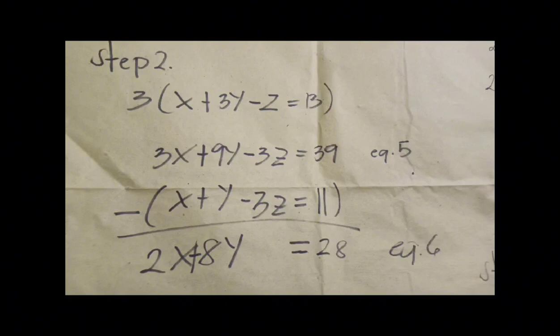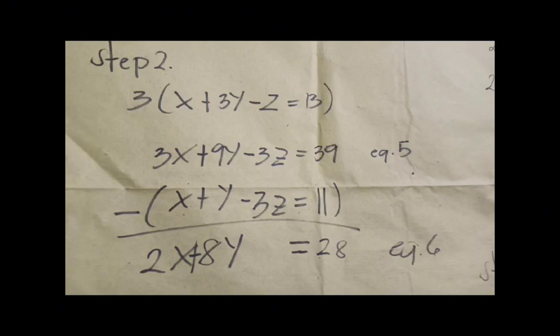The answer is 3 times x is equal to 3x, then 3 times positive 3y is equal to positive 9y, then 3 times negative z is equal to negative 3z, and 3 times 13 is equal to 39. So this is our equation 5, which is 3x plus 9y minus 3z is equal to 39.